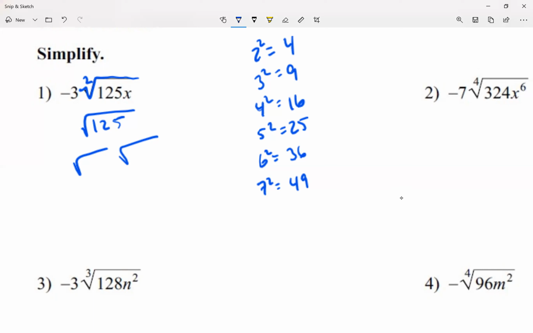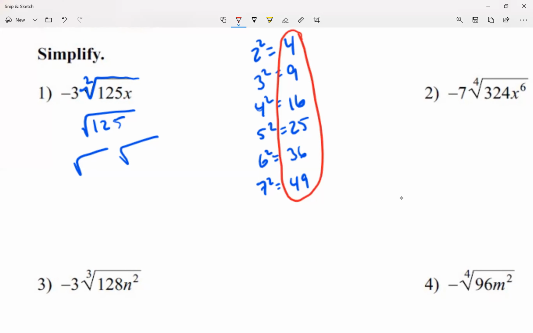But one of my numbers has to be from this list. I'm dealing with the squares, so it has to be a perfect square. So I'm thinking of 2 numbers that multiplied equal 125, but one of them has to be either 4, 9, 16, 25, 36, or 49.